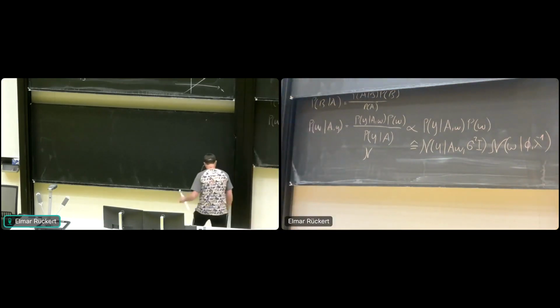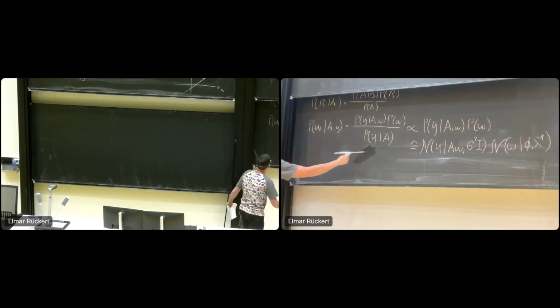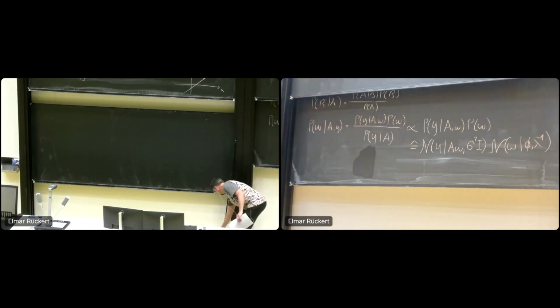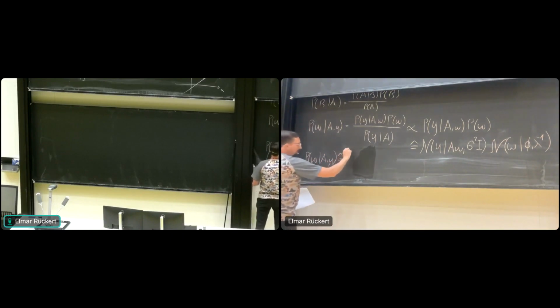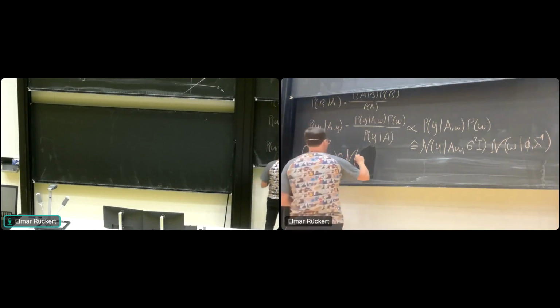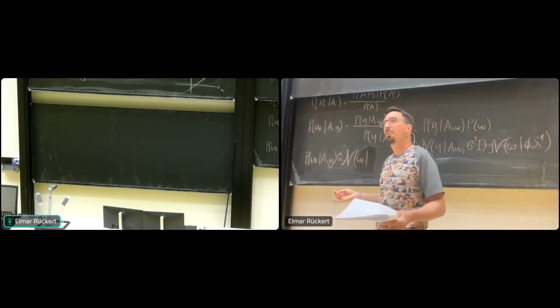is also a Gaussian. This P of W given A and Y is also a Gaussian distribution over W. And now we need two model parameters, not only a single one.